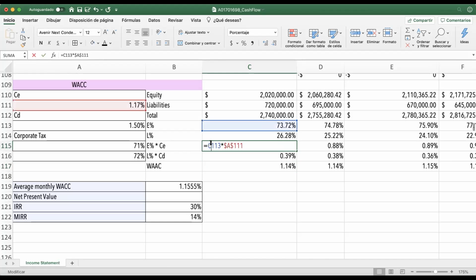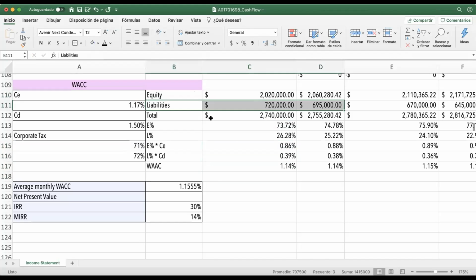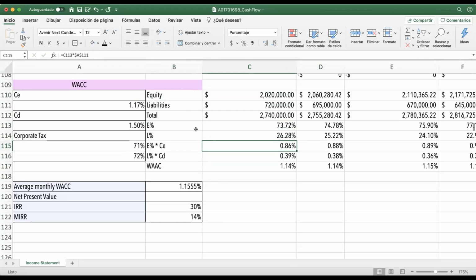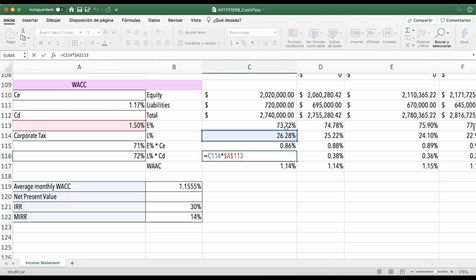Teacher, no vas a lanzar. Just explain quickly. O sea, lo que hice fue poner equity, liabilities y sacar el total. Después aquí abajito puse el equity entre el total y los liabilities entre el total. Después de esto lo multipliqué el equity, o sea, este porcentaje por el CE y ya me dio, y después los liabilities, lo que me dio aquí, por el CP.